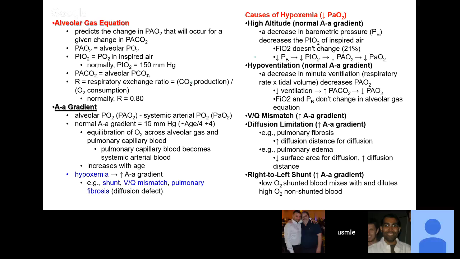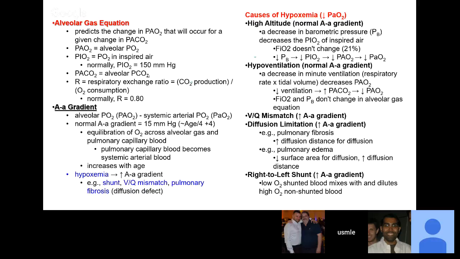Now the right to left shunts, this one as well is going to have an increase of the gradient. And the right to left, what does it mean? It means you have more CO2 going to the other side that should be oxygenated. So what does it mean? It means that you're going to have lower oxygen, more CO2, and you're going to have a mix between them.